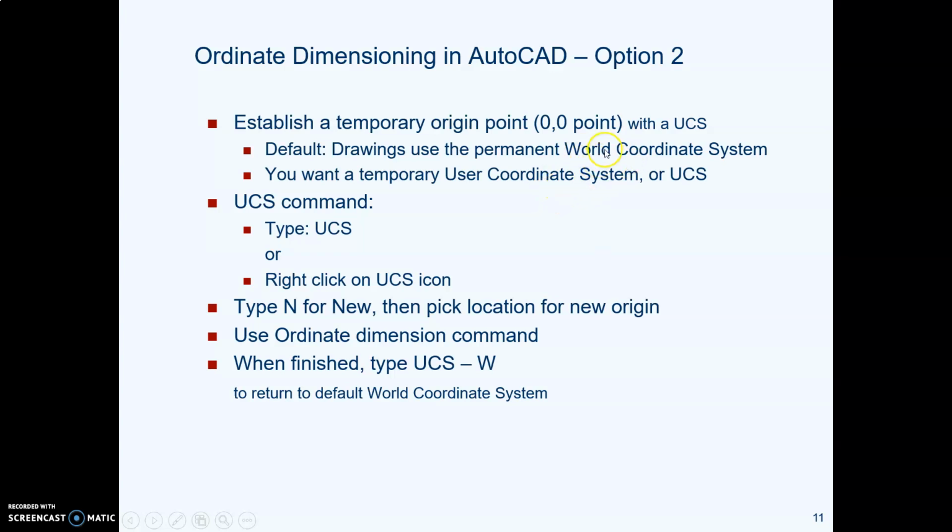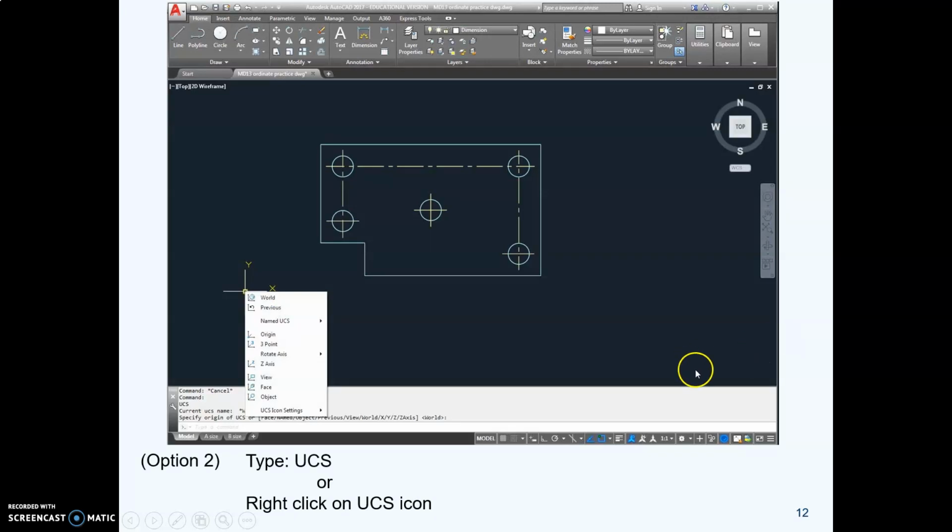Right now, our UCS is the world coordinate system. It just stays set there. But you can tell it you want to move your UCS to a new point, and so here's how you do it. Here's me typing UCS and selecting the thing. As I say, I will not show you this one. I will just show you the quick dimensioning version.